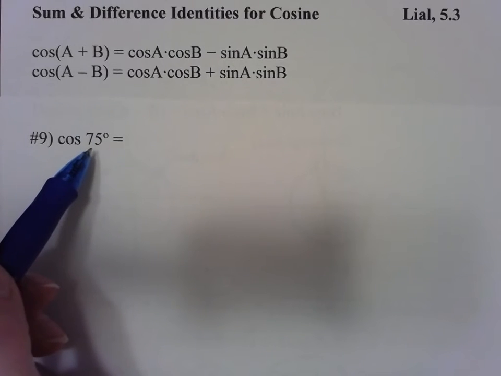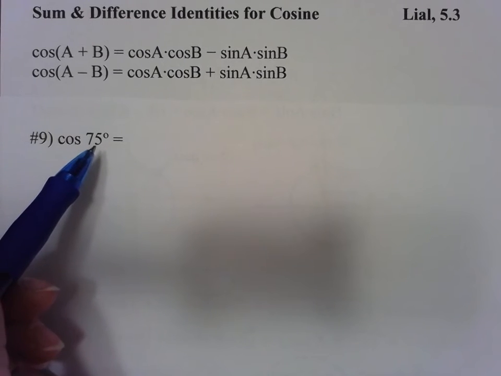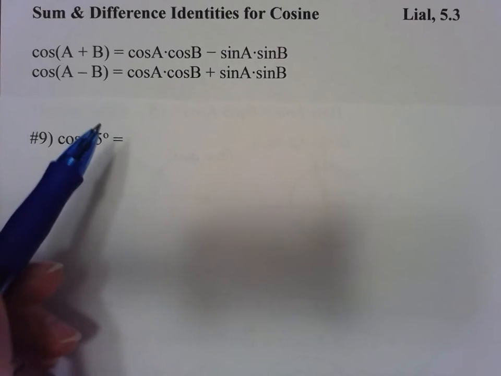So then you want to think, okay, how can I write 75? How can I break it up with either addition or subtraction into 2 angles that I know the values for? I know the cosine and the sine.